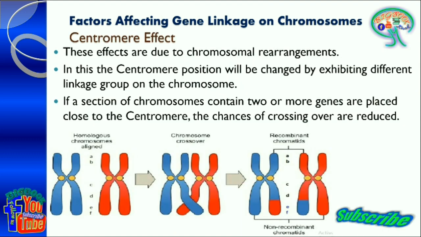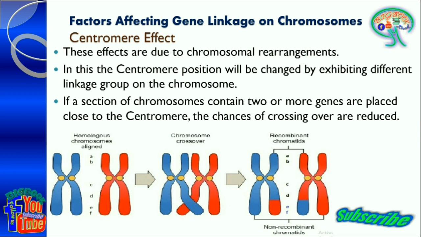Centromere effect. These effects are due to chromosomal rearrangements. In this, the centromere position will be changed, exhibiting different linkage groups on the chromosome. If a section of a chromosome contains 2 or more genes placed close to the centromere, the chances of crossing over are reduced.